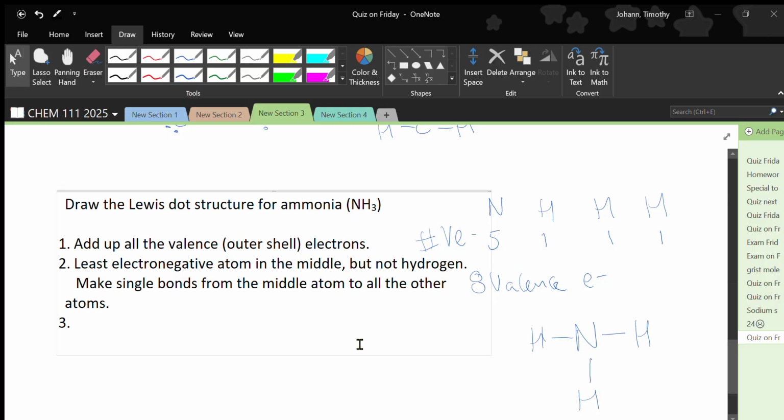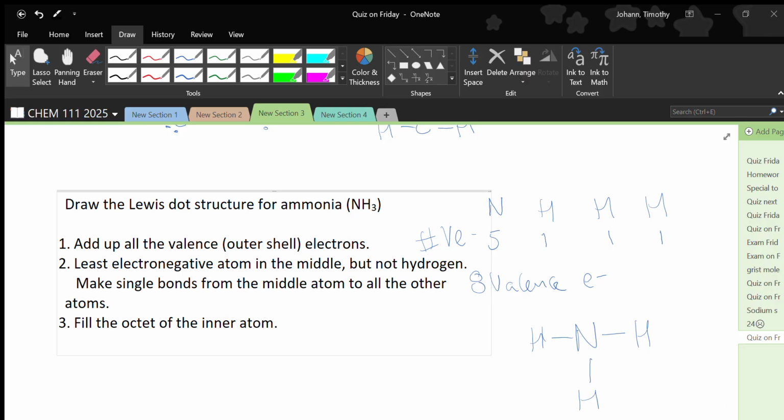And then fill the octet of the inner atom. Okay, you might need to share from outer atoms to do it because you'd run out of electrons.